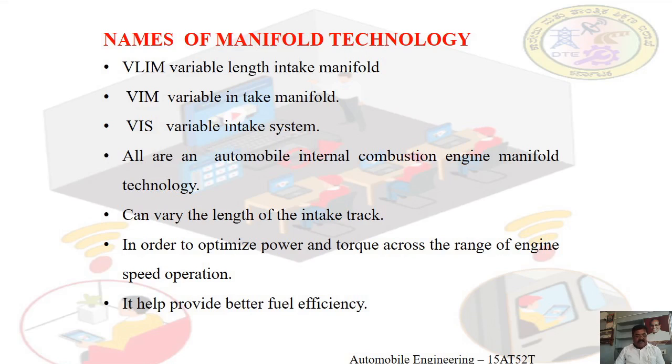So it has two sets of intake manifold, one with short pipe to serve high RPM, while another with long pipe to serve low RPM, by using butterfly valves like the rotary valve, switching between long and short pipes.